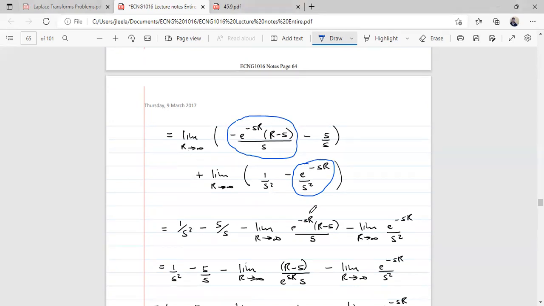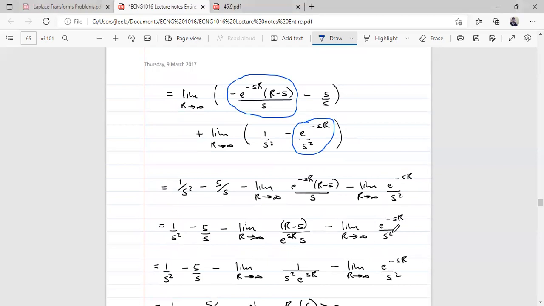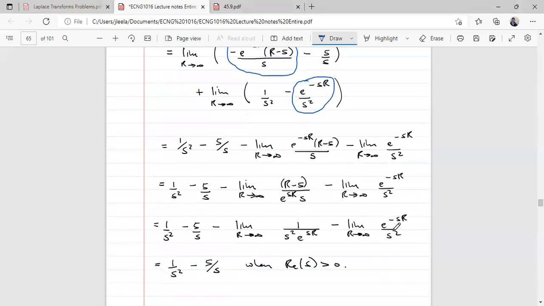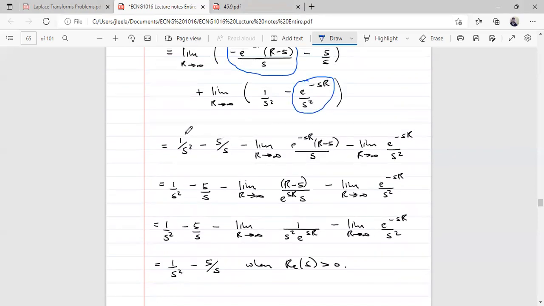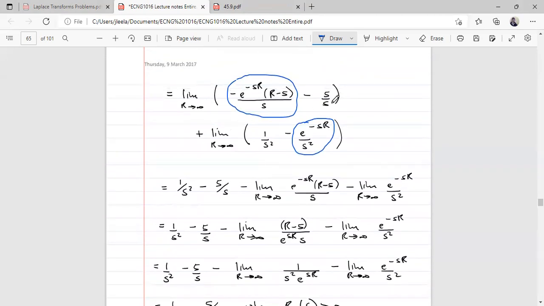We separate them out because of the r within these two terms here. And then we have the two terms without the r at the front, 1 over s squared minus 5 over s.